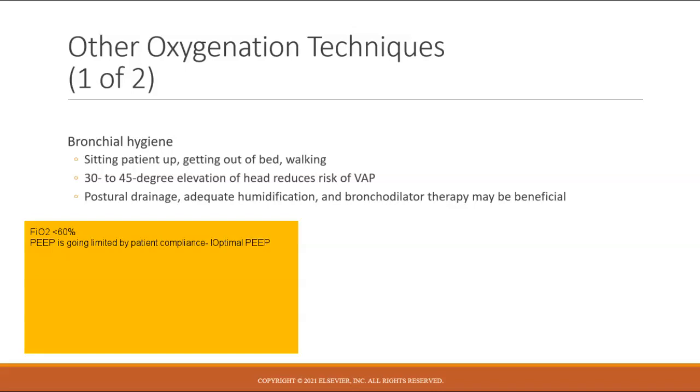So once I hit this point where I've used all the PEEP that I can use before overdistending my alveoli or having a driving pressure greater than 15, I'm going to then have to rely on going back to my FiO2 and increase my FiO2.